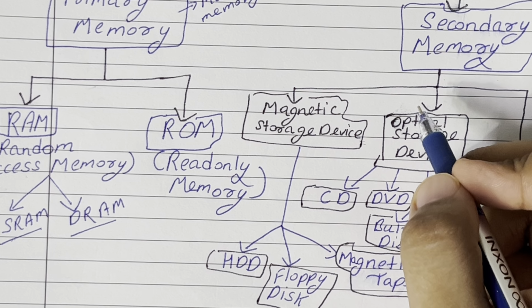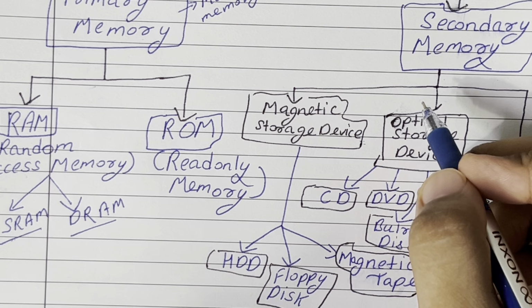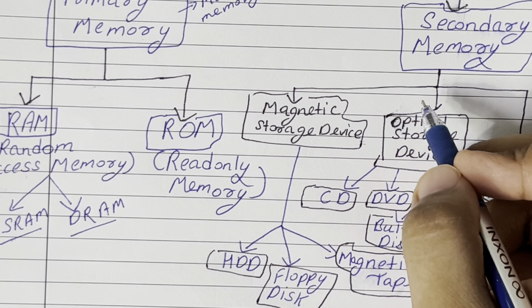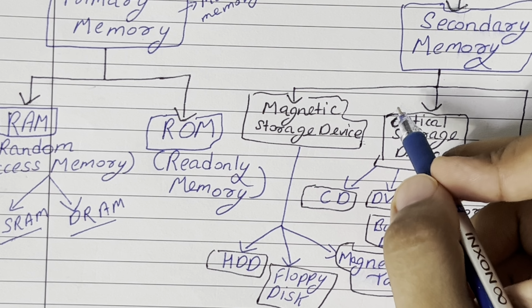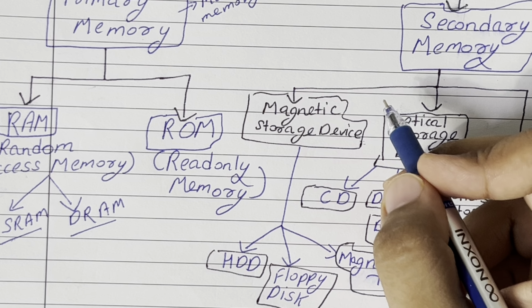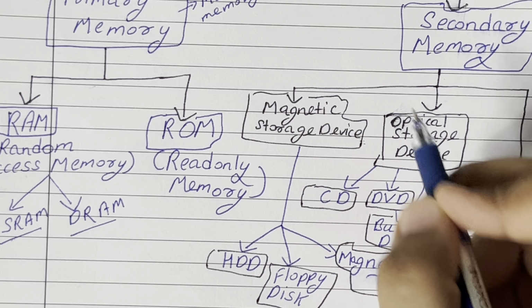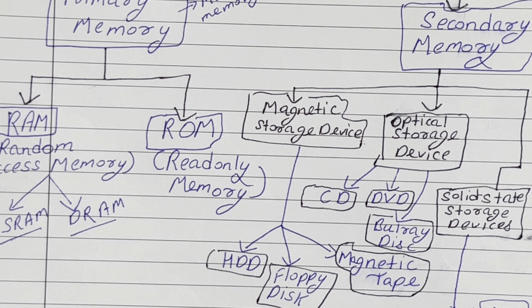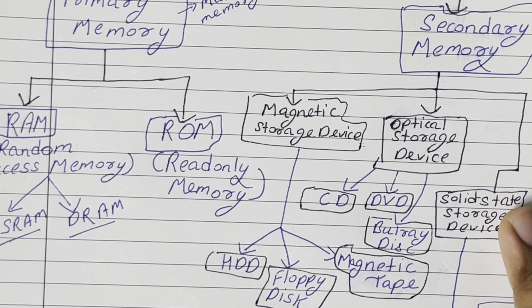Secondary storage provides more storage space at lower cost per gigabyte, and this makes it practical for storing the enormous amount of information generated by modern computer users and organizations. In simple words, secondary memory is the permanent storage area of a computer where information remains safely stored even when the computer is turned off. Okay, I hope you understand that.